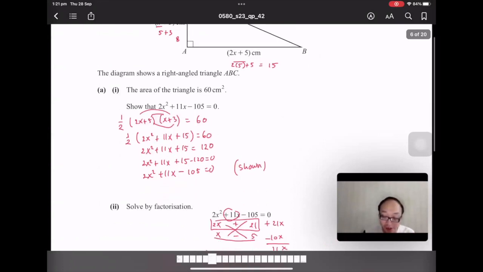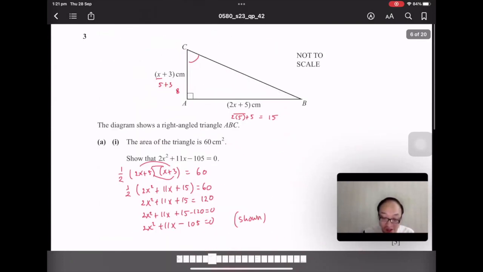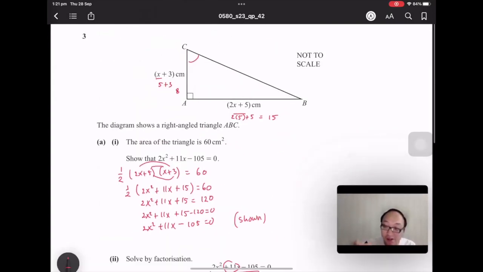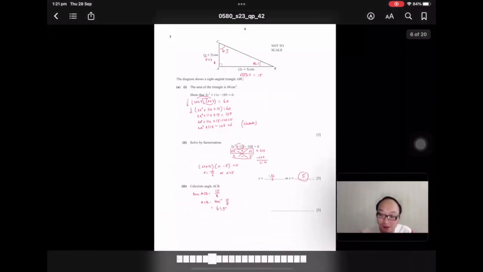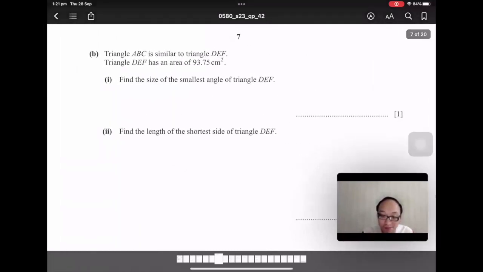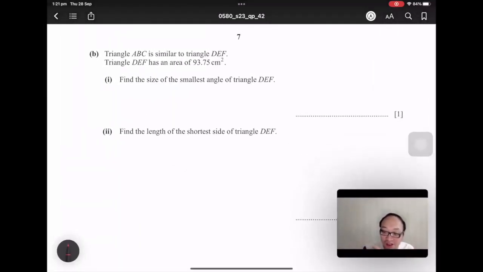So we know that this is 61.9. So that means this will be 90 degree minus 61.9. So this will be 28.1. So that means in here, the smallest angle should be the same, 28.1 degree.